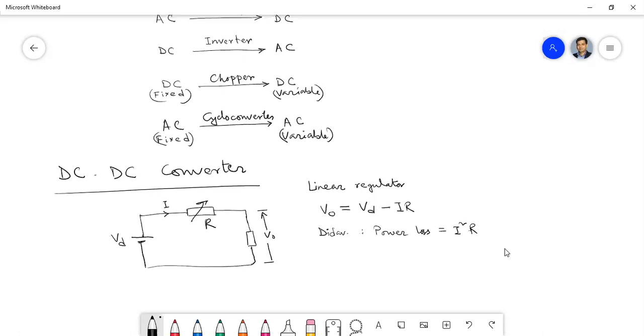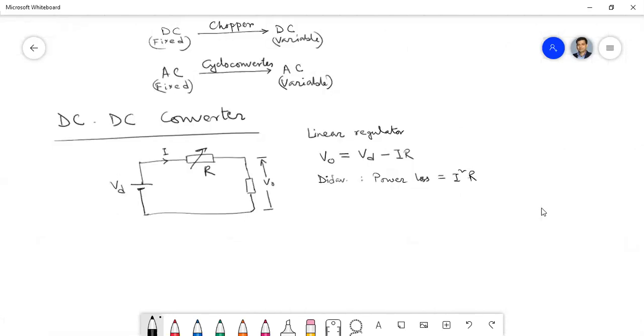Then I can discuss with that. Instead of this resistance, what can we use so that we can reduce the power loss? Instead of this resistance, if we use a switch, which is not linear at all, can it still fulfill our objective? That means we can get reduced or variable voltage as well as reduce the power loss.